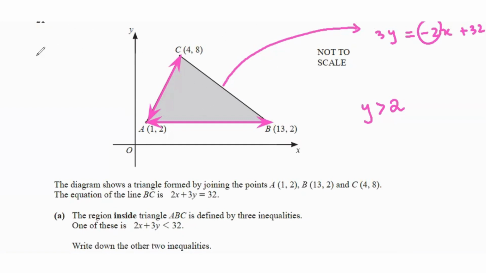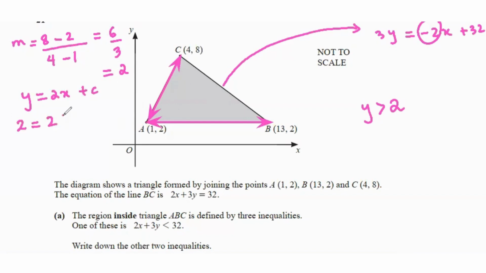So we have 2 points. Let's find the gradient first. 8 minus 2 over 4 minus 1, which is 6 over 3, and that's 2. So we have y equals 2x plus c. Substitute point A in this. So 2 equals 2 times 1 plus c, so 2 equals 2 plus c. 2 minus 2 is c, and that's 0.